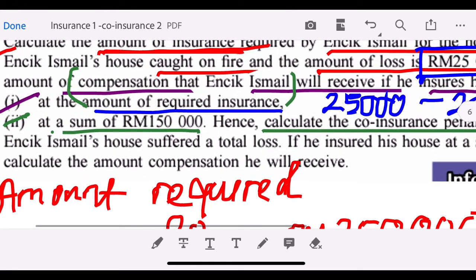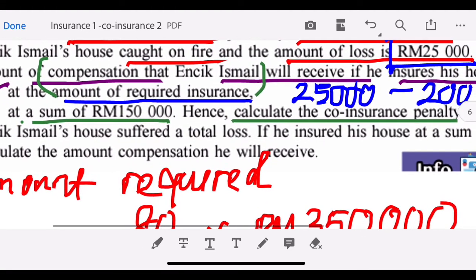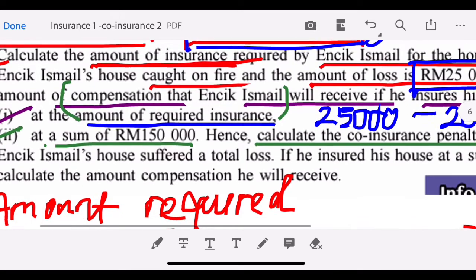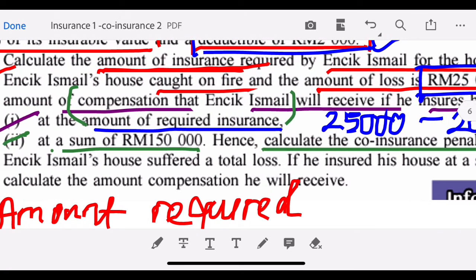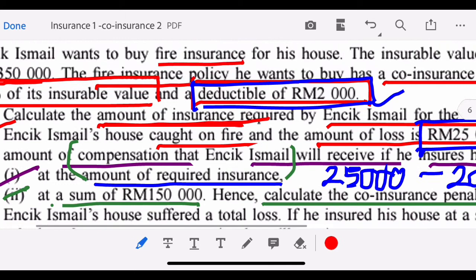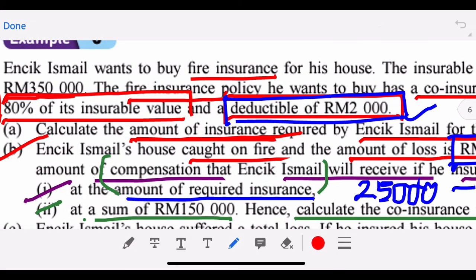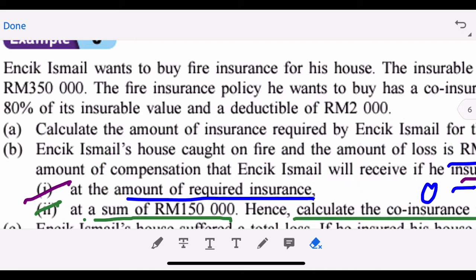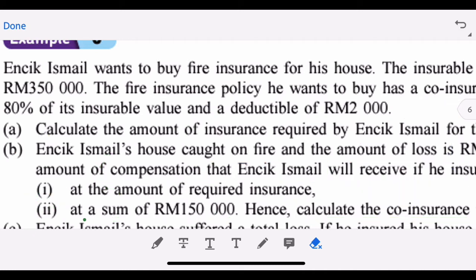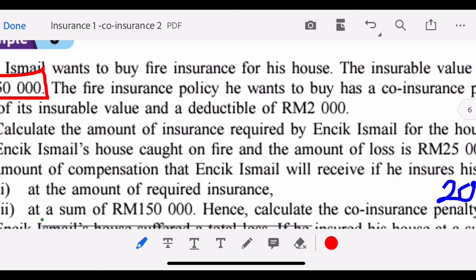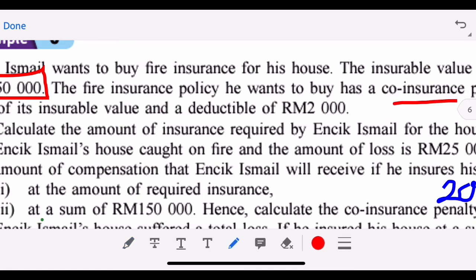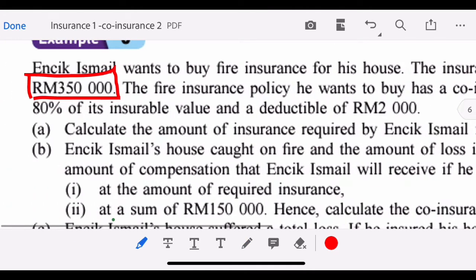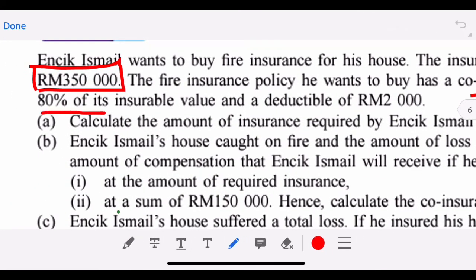Okay, we start from the beginning. Again, I explain. Inje Ismail bought a house at 350,000, and the fire insurance policy he wants to buy has a co-insurance provision to insure 80% of the insurable value.